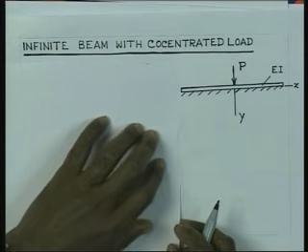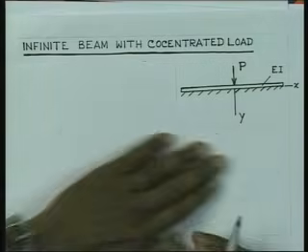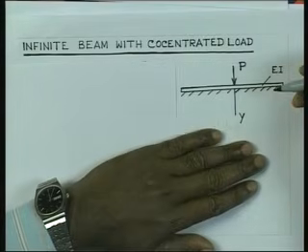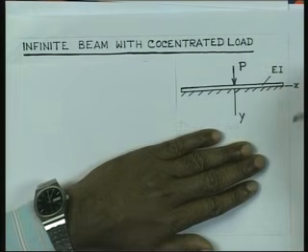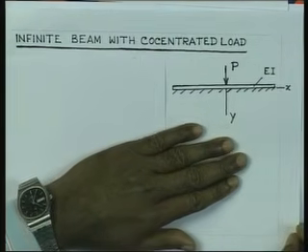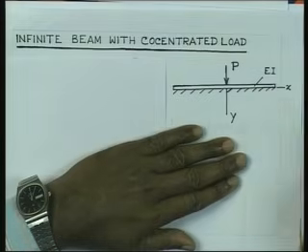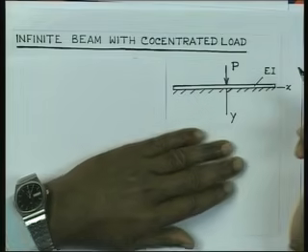Now, think of the physics of the problem. As you go away from the origin, whether you move to the right or the left, you expect the deflection to gradually die out.